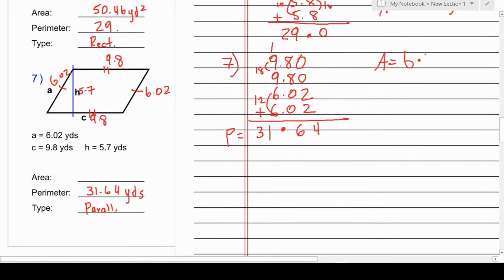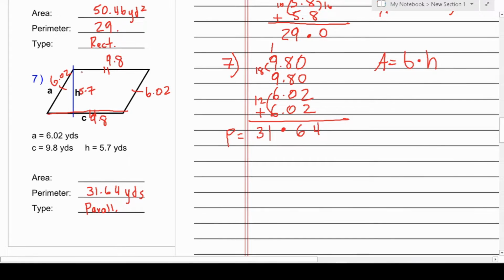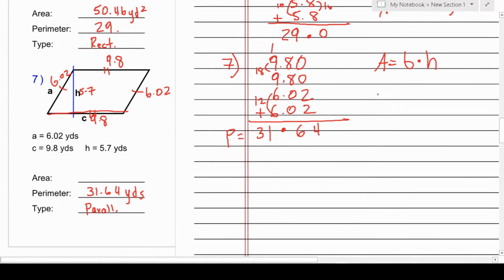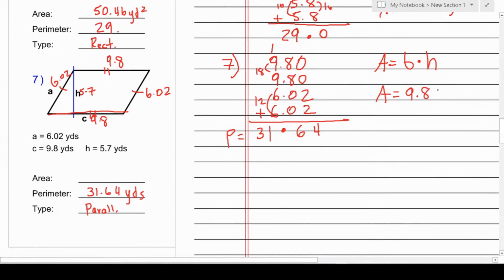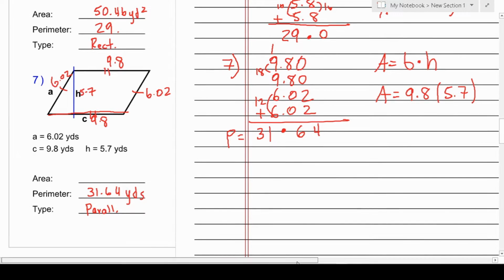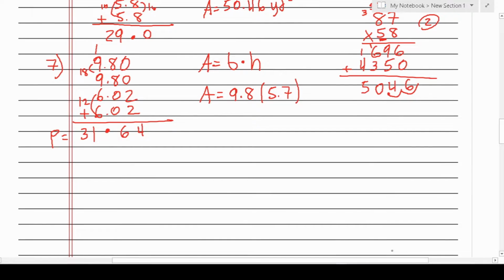To find the area, you may recall, is base times height. And again, base is always this bottom one, and its height is given right there. So to find the area of this parallelogram, we're going to do 9.8 times 5.7. We're doing multiplication with decimals here, so let's do it off to the side.